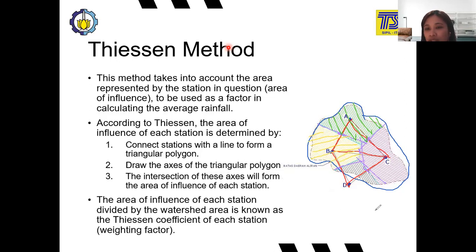And then here we have the area of influence of station D in the blue area. And then the last one, we have the area of influence of station C in the orange area.